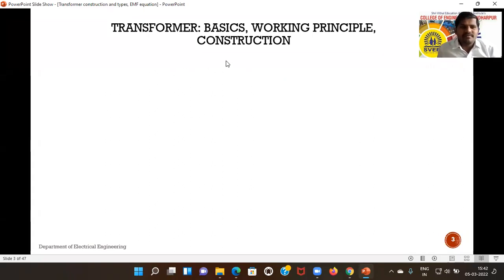Definition. Can anyone tell the definition of the transformer? What is the definition of the transformer?